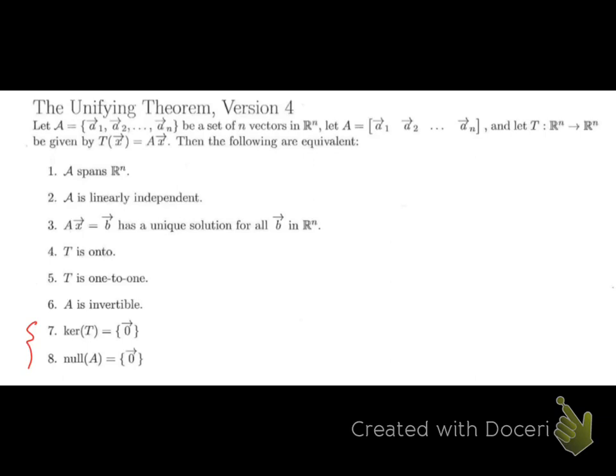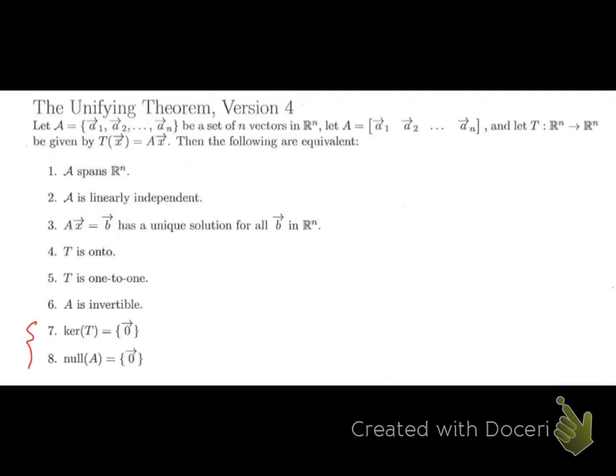Okay, the unifying theorem. There are two new things from this section, and I'll show you our final form of the unifying theorem. The two things we've added are that the kernel and the null space have to be the set that is only the 0 vector.